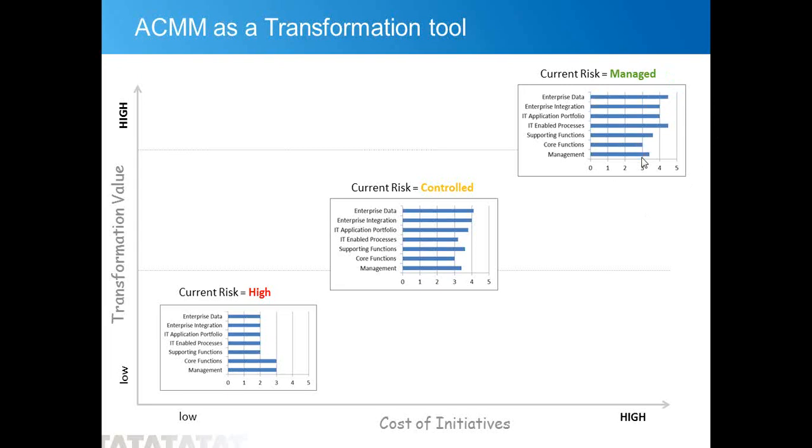So this is a way in which you can use your maturity model to help you speak through the business transformations that you need to deliver to your customers and to the people who are recipients of your work.